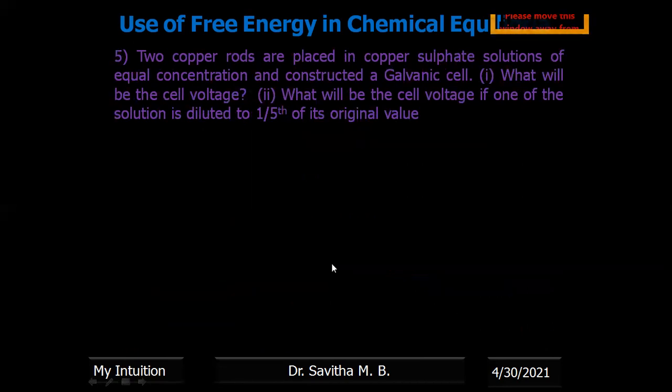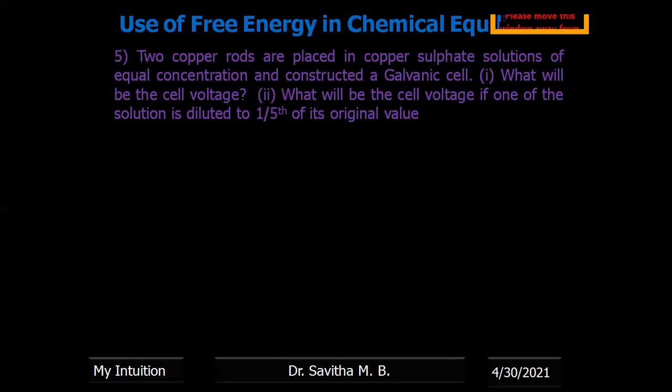So next is the next type of problem. The first type of problem is a direct problem where we find the E cell. There may also be different metals and different concentrations given. The second type of problem is where one of the concentrations is not given. It may be the anode concentration or the cathode concentration that is not given, and you need to find it.